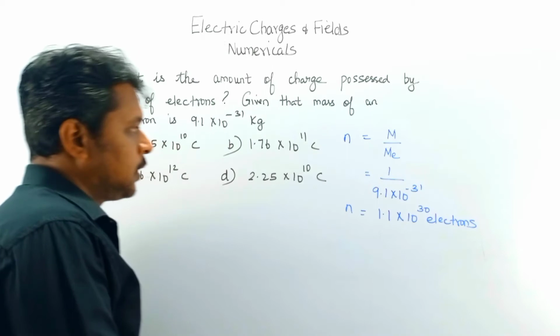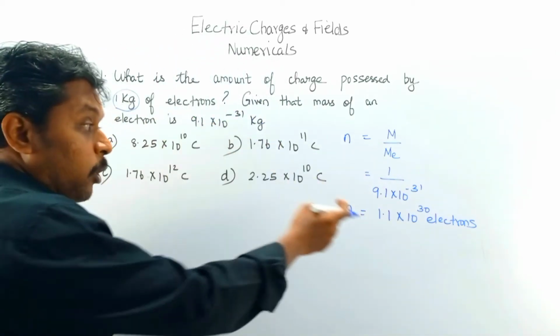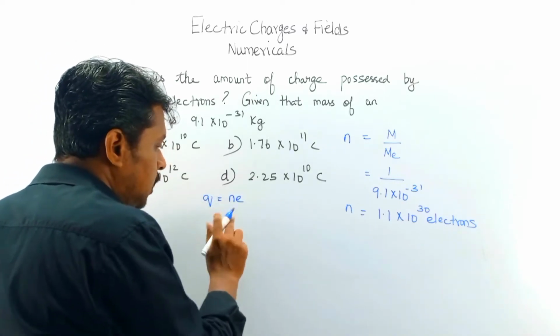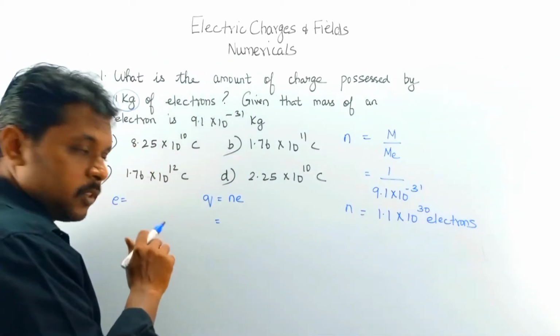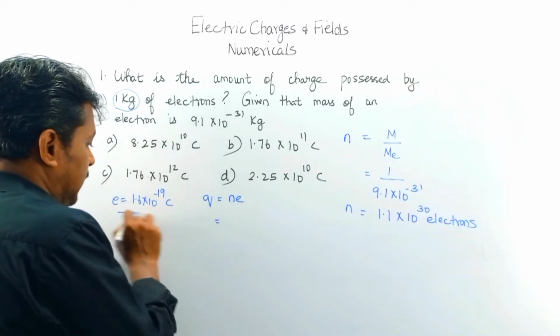Next, you have to find the charge of this number of electrons. From quantization of charge, Q is equal to N into e. You know the number, and you also know the value of one charge, which is 1.6 into 10 power minus 19 coulomb.